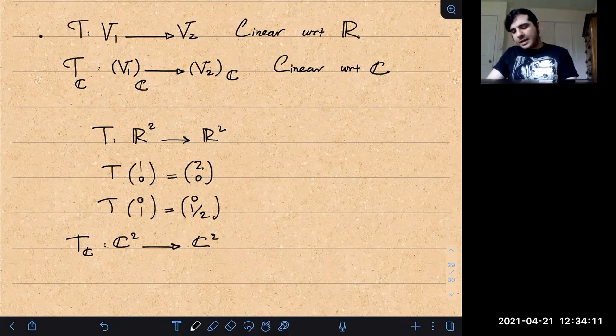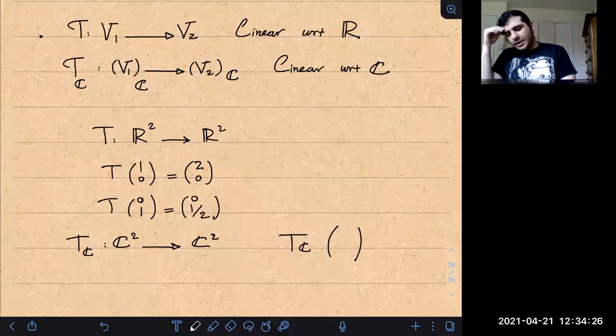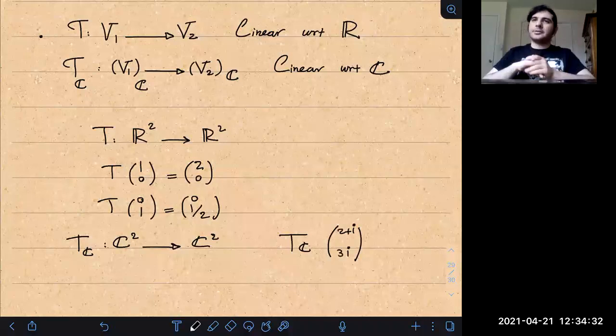I should be able to define this thing over any vector in C2. What is any vector in C2? Well, it has two components, both of them complex, right? So for example, it would be something like (2+i, 3i). Let's just take an example.